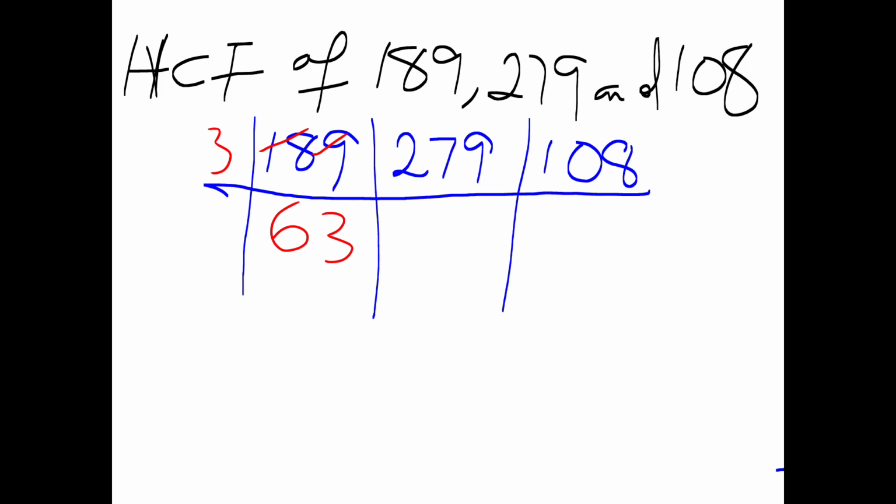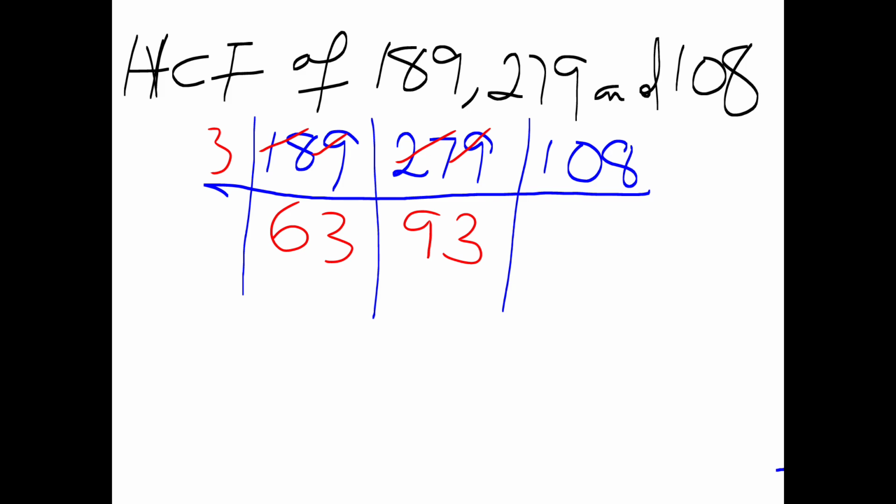Very good. To the next one, 279 divided by 3. How many 3 will you see in 27? 9. Very good. How many 3 will you see in 9? 3. Right? Good. So 279 divided by 3 gives us what? 93.